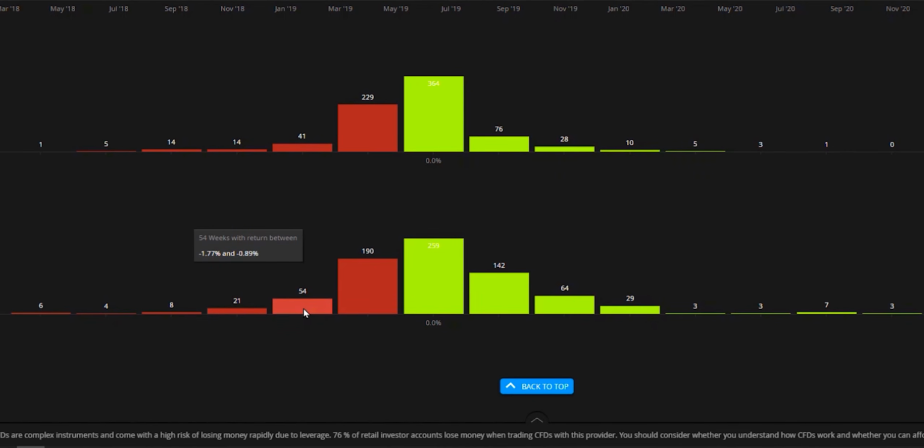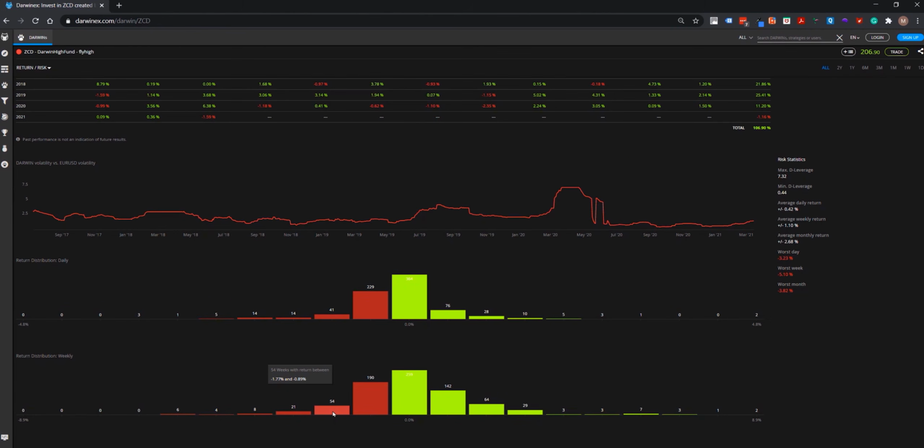And this indicates that overall, this trader has more profitable weeks than they do losing weeks. And so this is just another one of the many metrics that are on the Darwinex platform. And don't forget, if you have a trading account with another broker, you can still link that account into the Darwinex platform to get these kind of metrics for yourself.